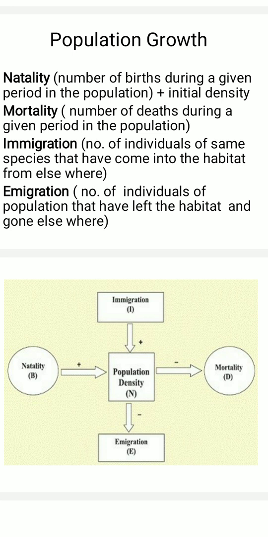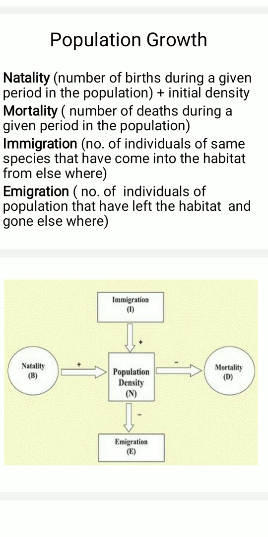They have given very clearly the arrow marks also. You observe 2 arrow marks, that is with respect to natality represented as B, birth; immigration, I. To the existing population density, there will be addition of newborn ones, that is natality. So there is a plus mark on the arrow mark.